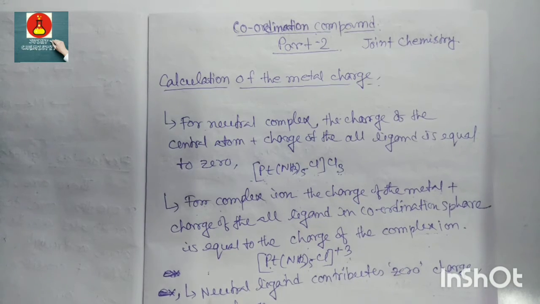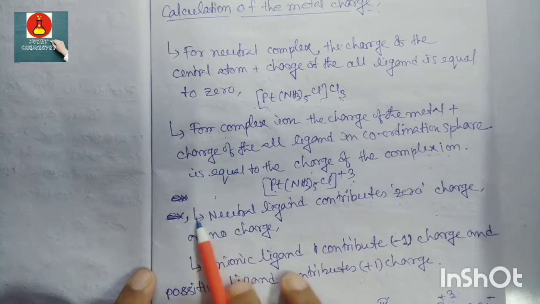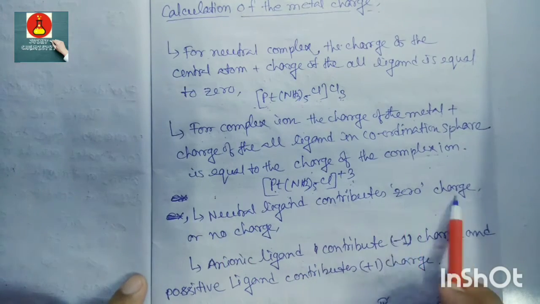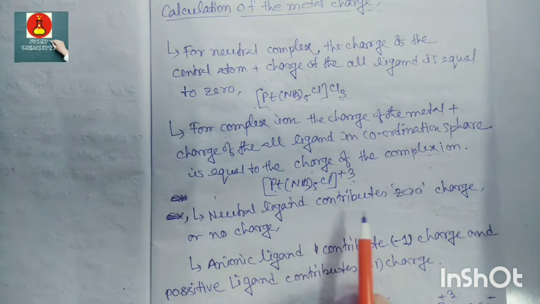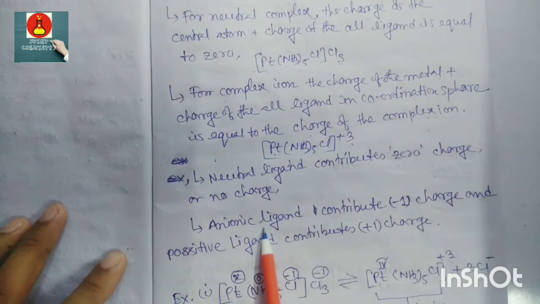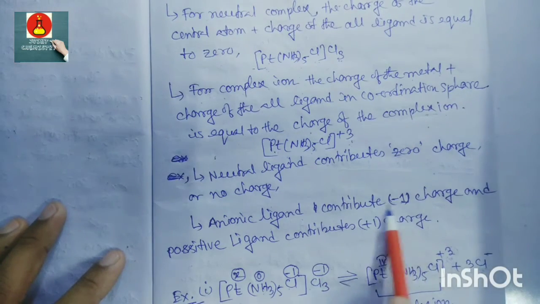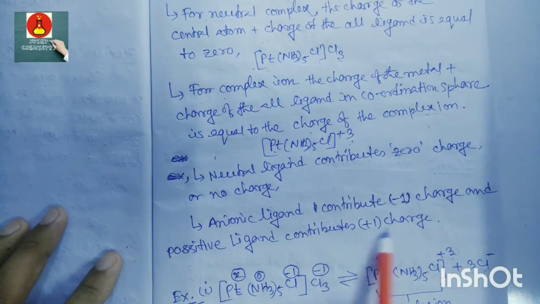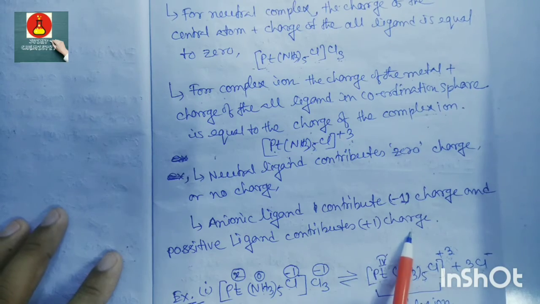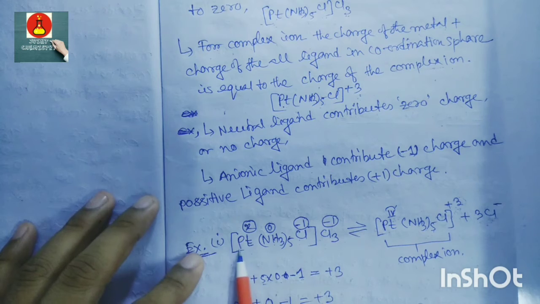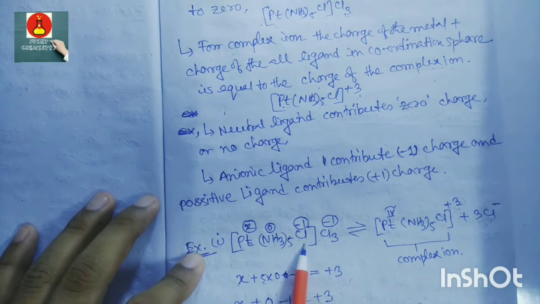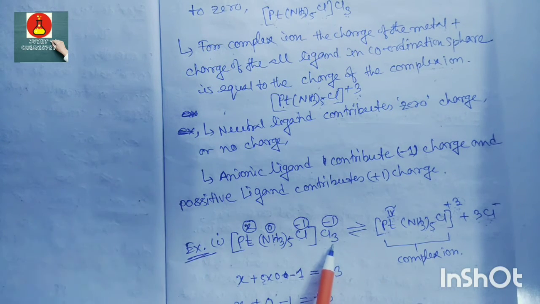Now neutral ligands contribute 0 charge. Any neutral ligand will contribute 0 charge or no charge. An anionic ligand contributes -1 charge, and a positive ligand contributes +1 charge. Now for example, this is a complex where there is platinum, 5 ammonia and chlorine, and outside of this coordination sphere are 3 chlorine.